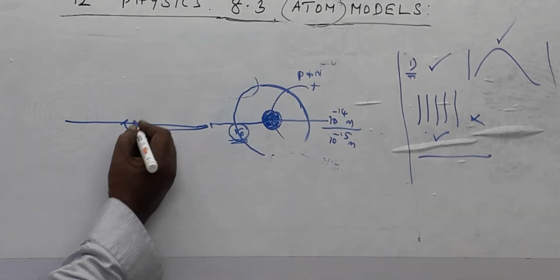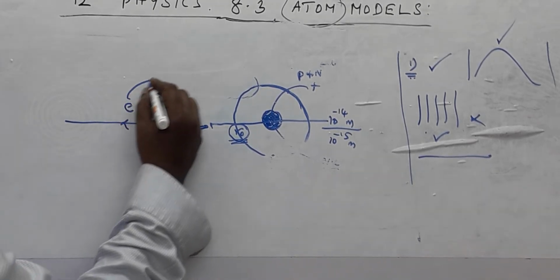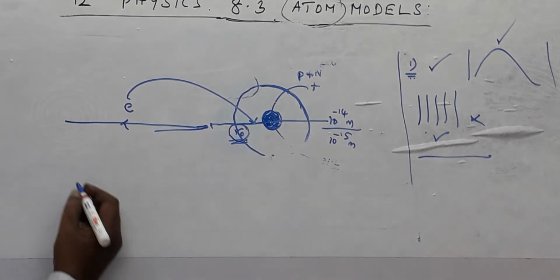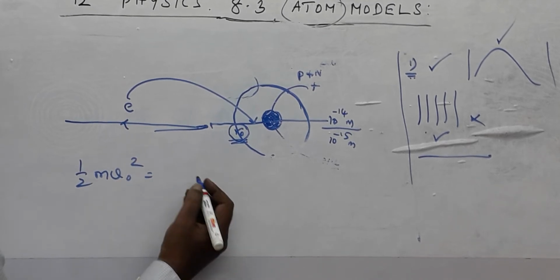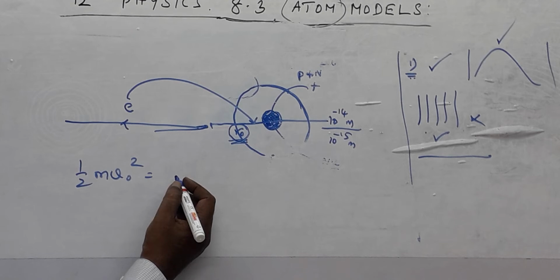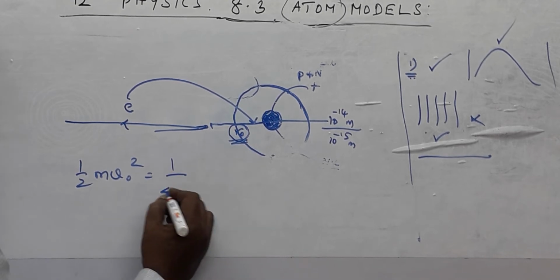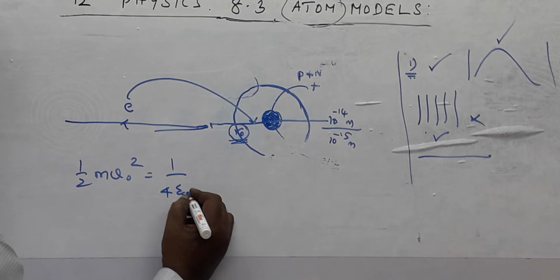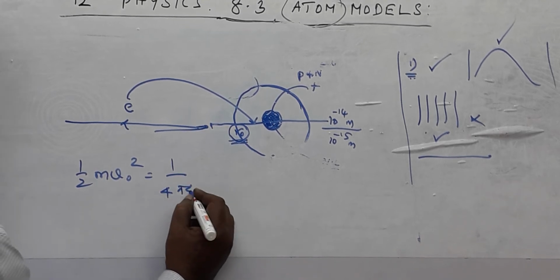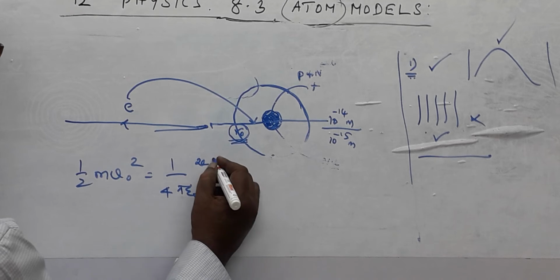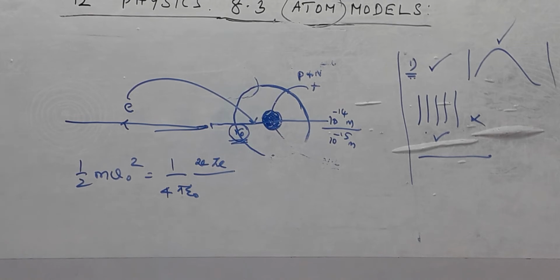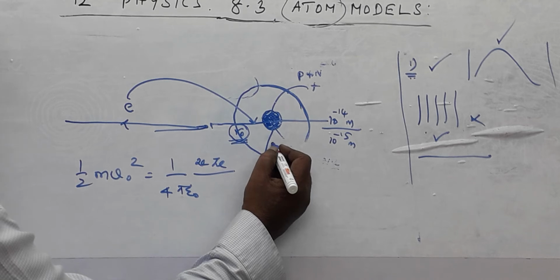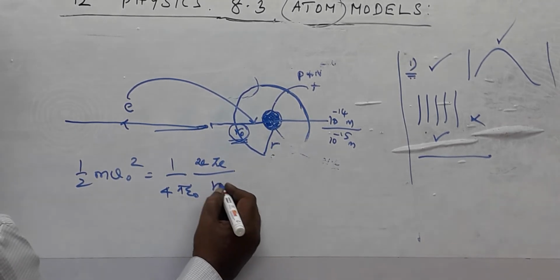Another thing: if you convert the alpha particle energy completely, then half m v naught square is equal to, as per Coulomb's inverse square law of electricity, which we already studied in the first unit, 1 by 4 pi epsilon naught into 2e into Ze by the distance squared.